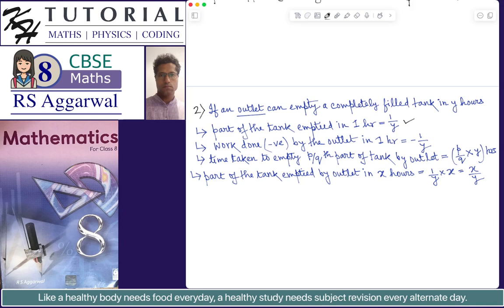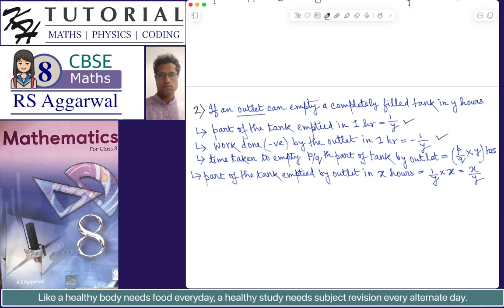Remember that y is positive, because it will be given that an outlet tap can empty a completely filled tank in, let's say, 4 hours or 6 hours. If it is 4 hours, then the work done in 1 hour by the outlet tap will be minus 1 by 4. Whenever the work done in 1 hour by some tap is negative, this means that water is being emptied.